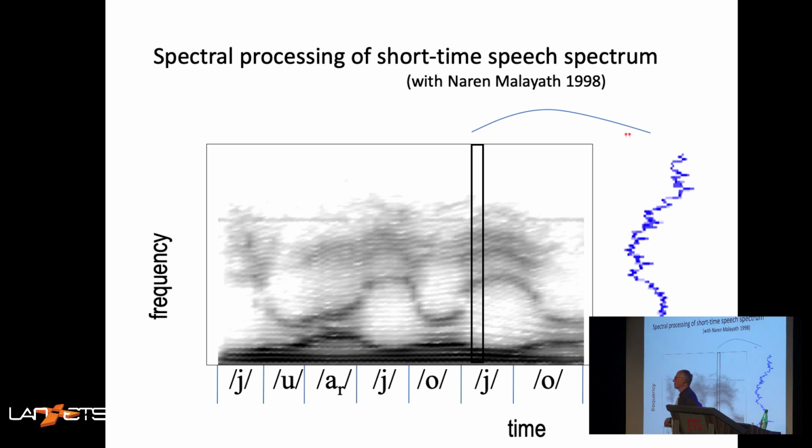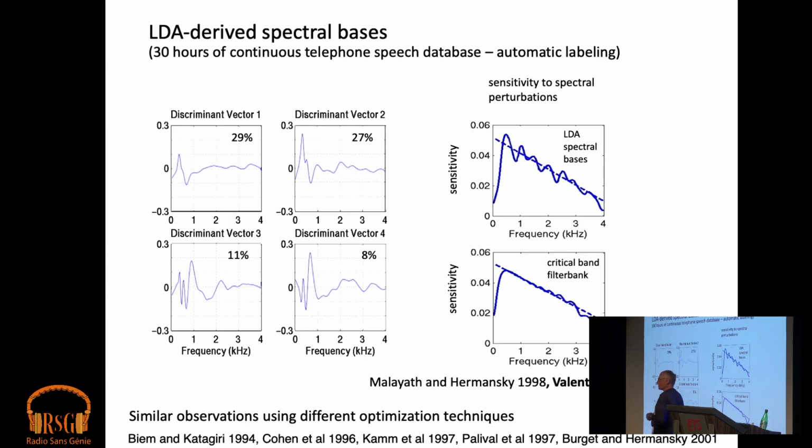And I do it for all the speech which is available to me. After a while, I have a box full of spectral vectors, and each vector is labeled with the sound from which it came. So the thing is pretty straightforward, and it's a simple thing to do if you have MATLAB. Even if you don't have MATLAB, I believe that you as a student can write the LDA yourself. It just involves a couple of covariance matrices.